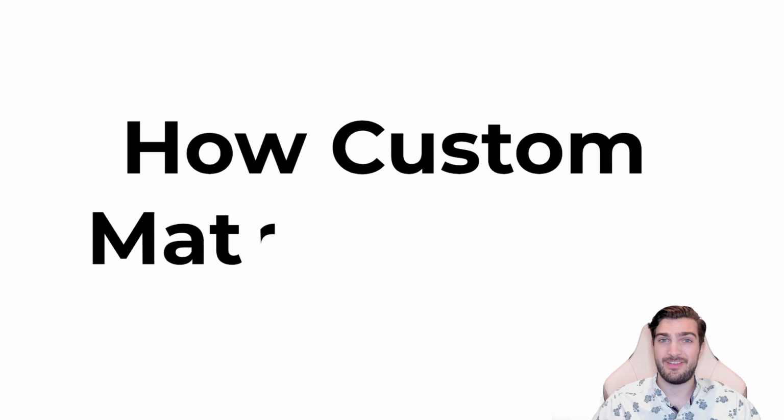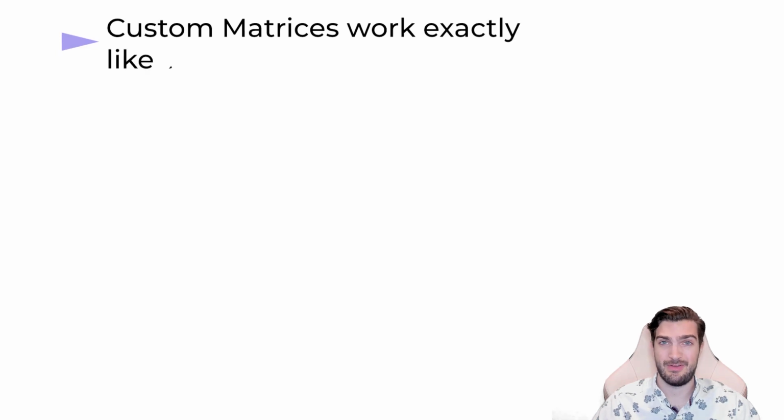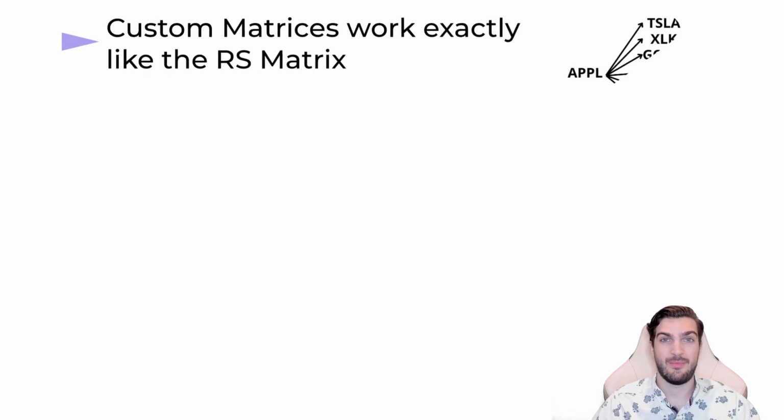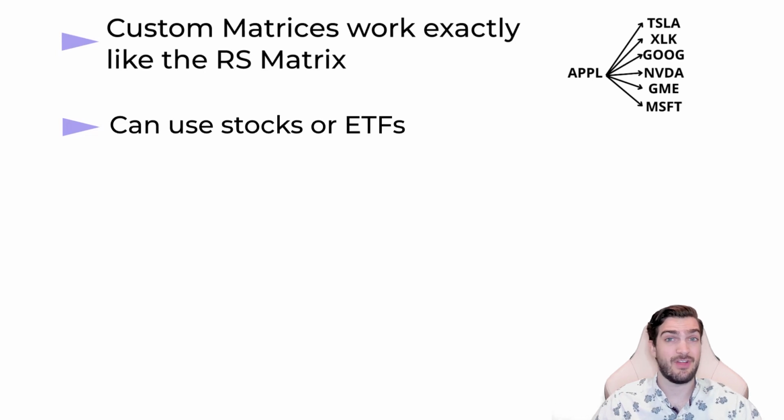Let's now get into the topic of custom matrices. Custom matrices work exactly like the sector relative strength matrix. It's a round-robin style comparison between a group of securities. But instead of just being limited to sector ETFs, or only ETFs, you can create a custom matrix to compare any set of securities, be it stocks or ETFs that you're interested in.